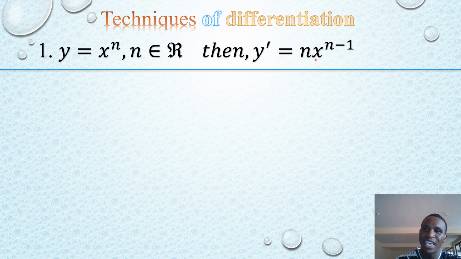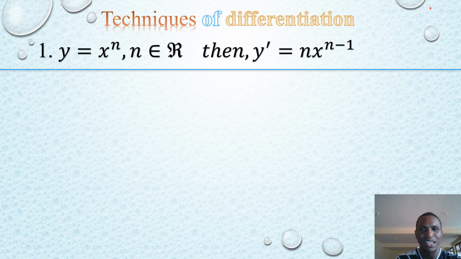You copy it in front of the function, then you reduce the power of the function by 1. N is any real number.